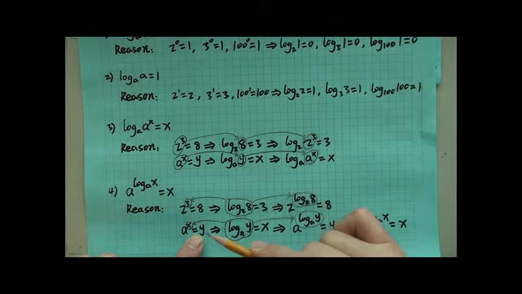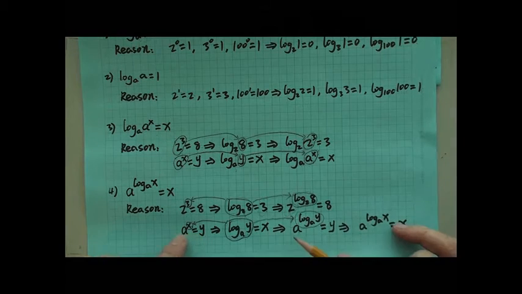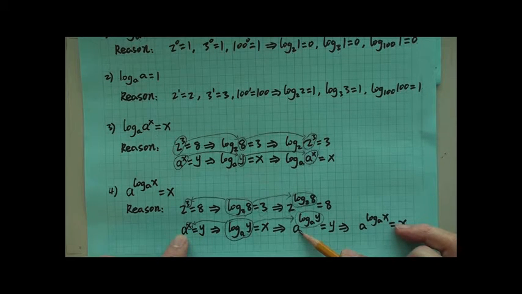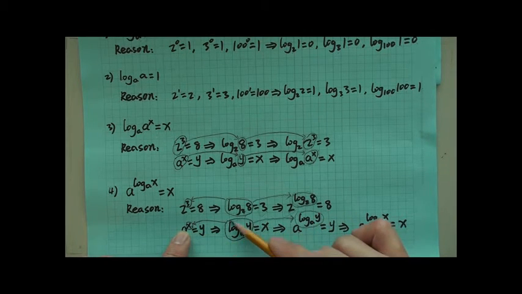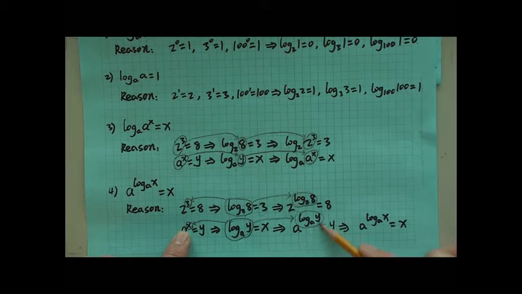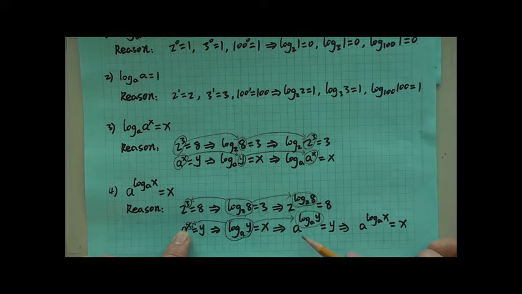It was y here, so you just leave y here. If a is here, a is here. The only place is here is x, and here is x. We replace this x by this big one. Again, this tells us the base for the logarithm is the same as the base for the exponential.